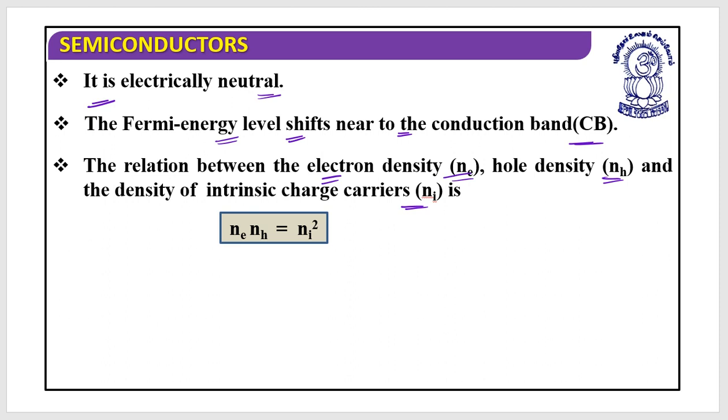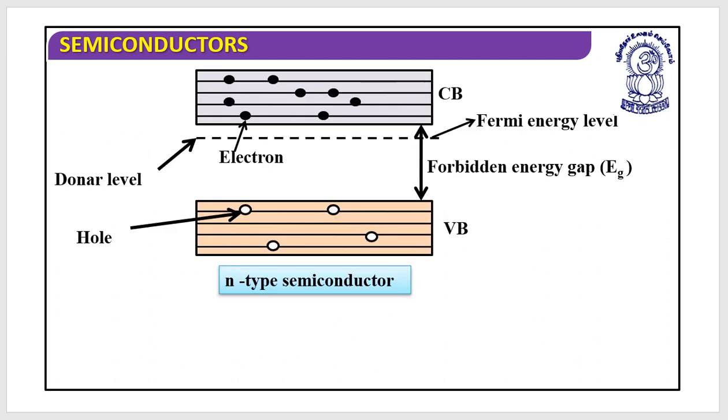could be given as Ne into Nh, that would be approximately equal to Ni square. You can see in this conduction band diagram that in this situation the Fermi energy level has been shifted in the upward direction, as compared to the middle one. Yes, so this is due to the donor level.